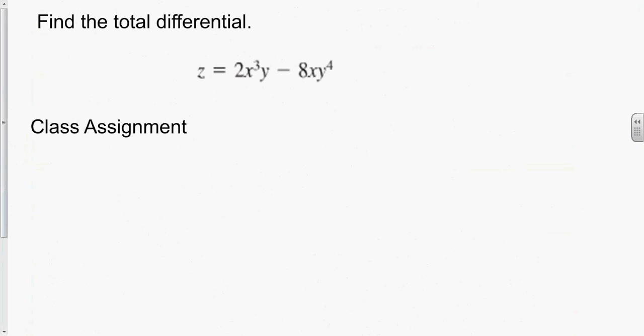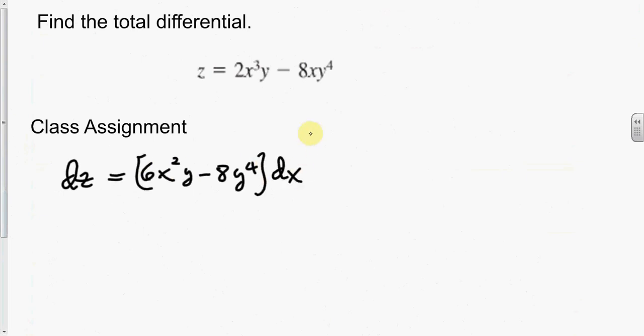All right. Let's see. Did you get this? dz is equal to (6x squared y minus 8y to the 4th) dx plus (2x to the 3rd minus 32x y to the 3rd) dy.